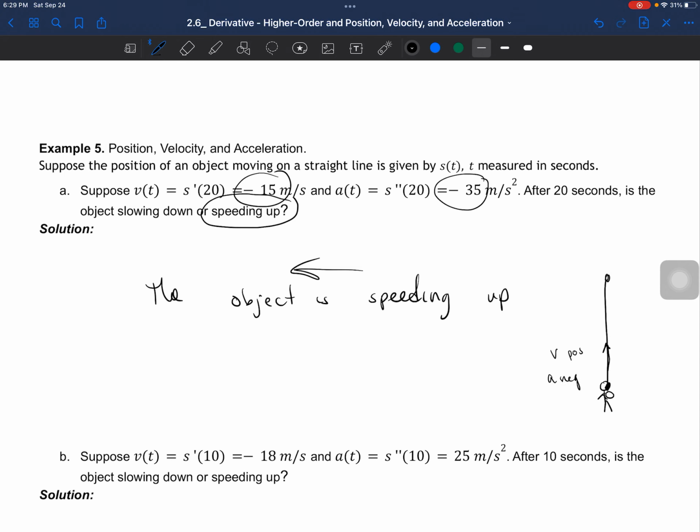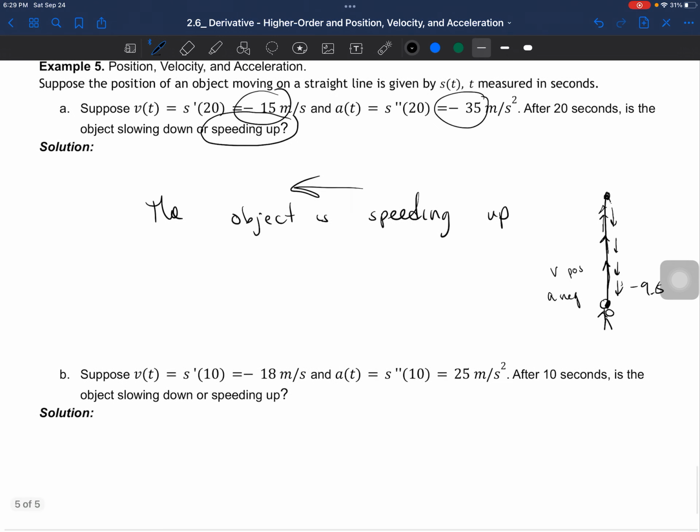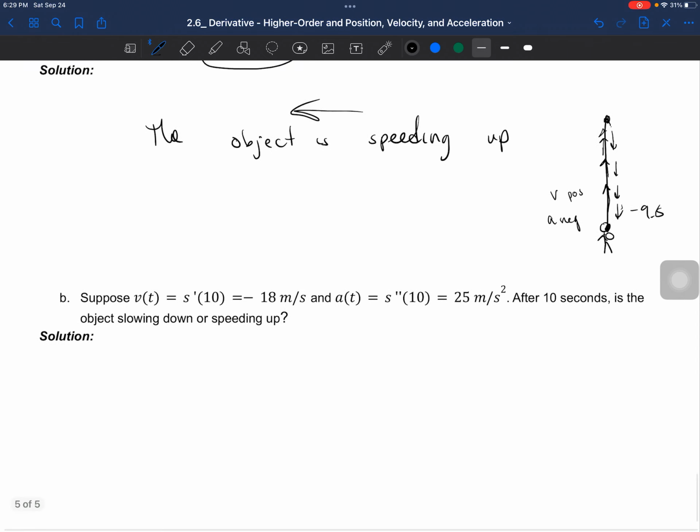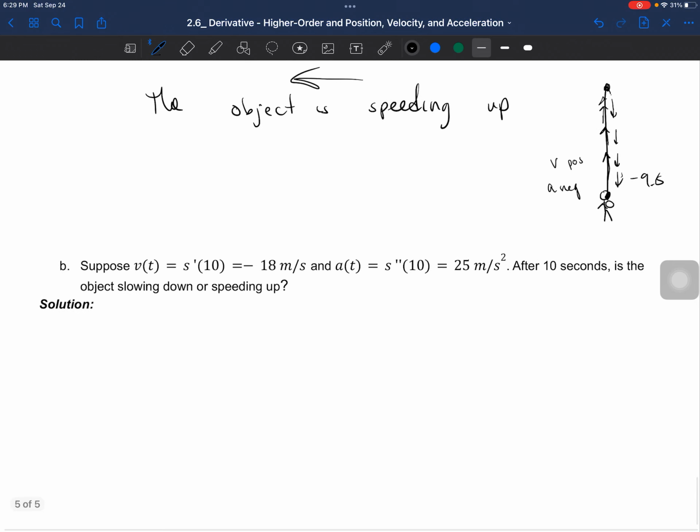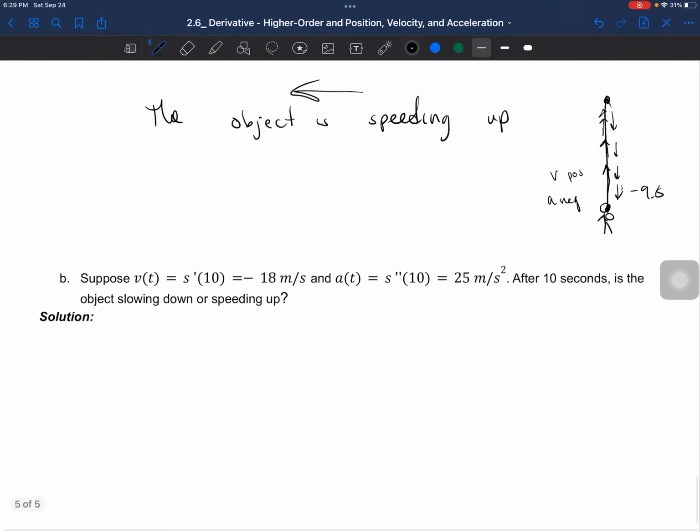Because the acceleration is from gravity, so it's negative 9.8, right? So that means that the object is slowing down to the point that its velocity is 0, and then it starts going down. So again, if both signs are the same, then that means it's speeding up. If the two signs are different, then that means it's slowing down.